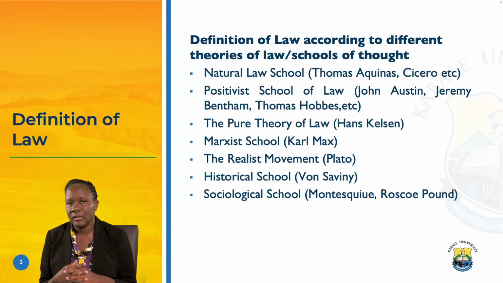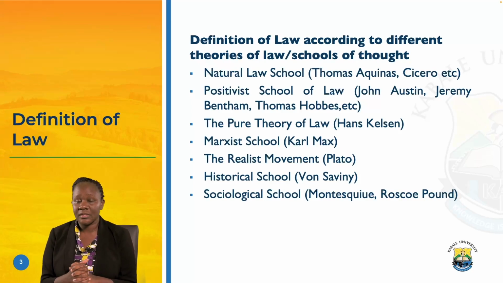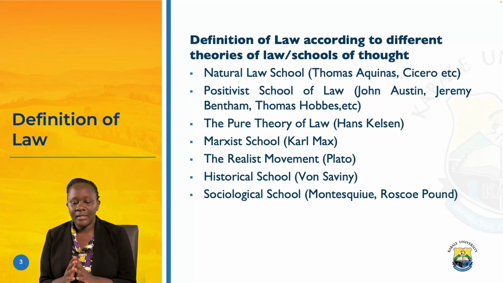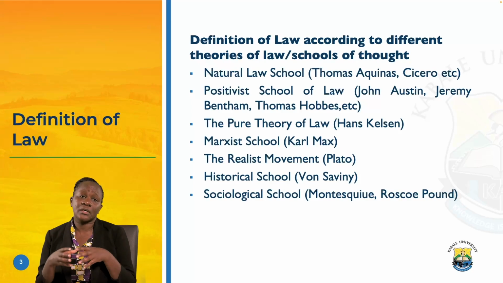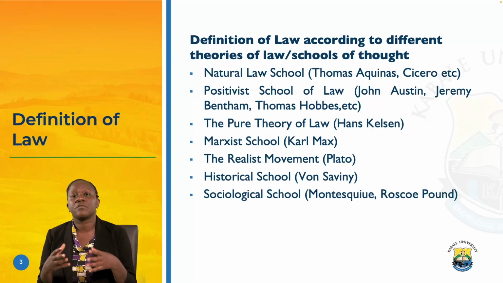at the end of the day, what the sovereign guides in respect to the same is what will be known as law. And then of course we have the realist movement. The realists believe that law is really the reality that is on ground, that whatever is happening on ground in a particular community should inform what the law is.